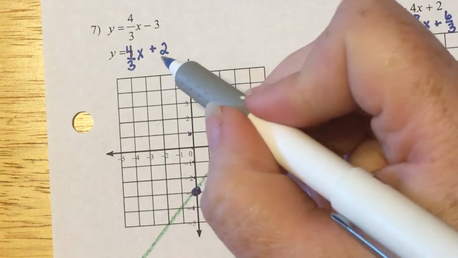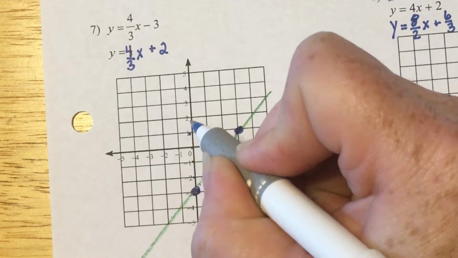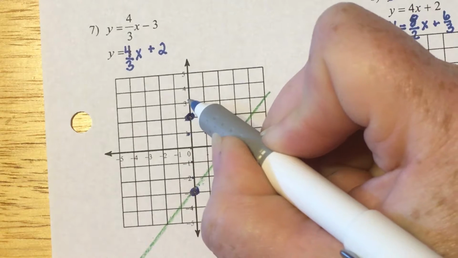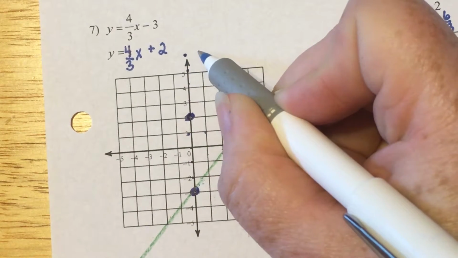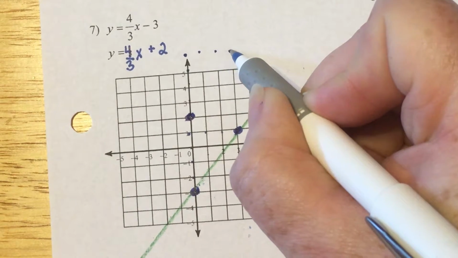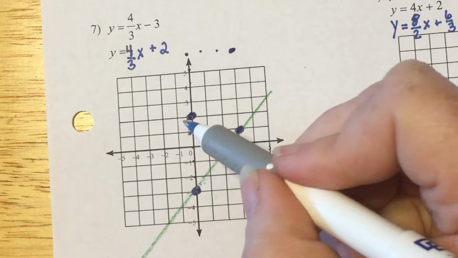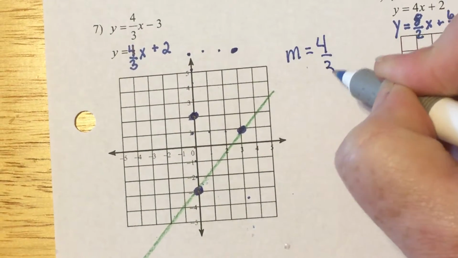Then your next one says the starting point is a positive 2. So I go back to my origin, I go up to 2, put a point, and again, I'm going to go up 1, 2, 3, 4, and over 1, 2, 3. Now, I could do what I just did there and kind of extend the graph, but this is when I talk about those sister moves being so important when our graph runs out.